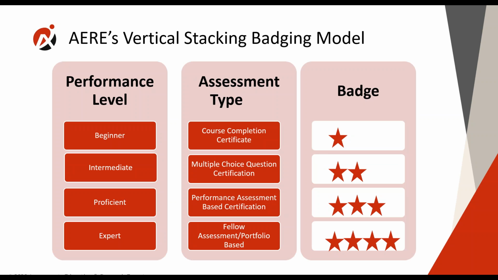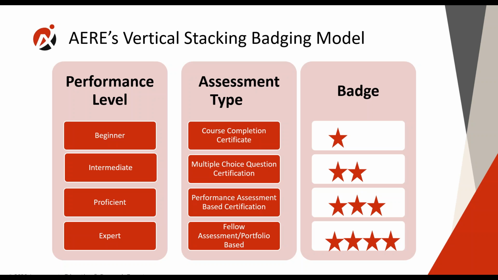Now, we came up with a whole different model that mixes up a little bit of what you saw, but it adds a badging component to it. And I think this is one way to use badging, and I think this is a way to distinguish folks across different areas.